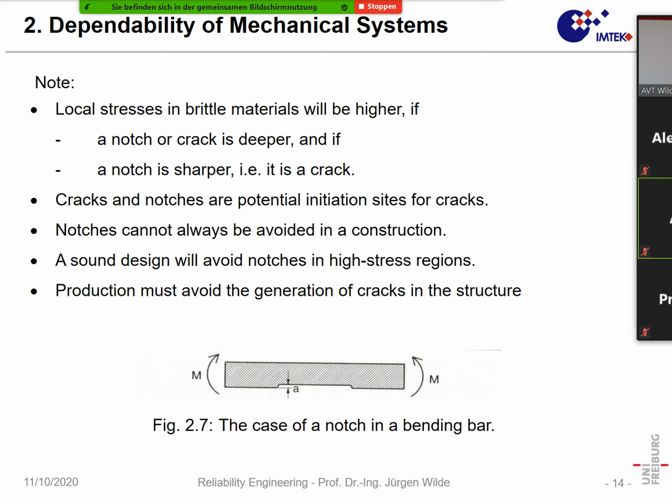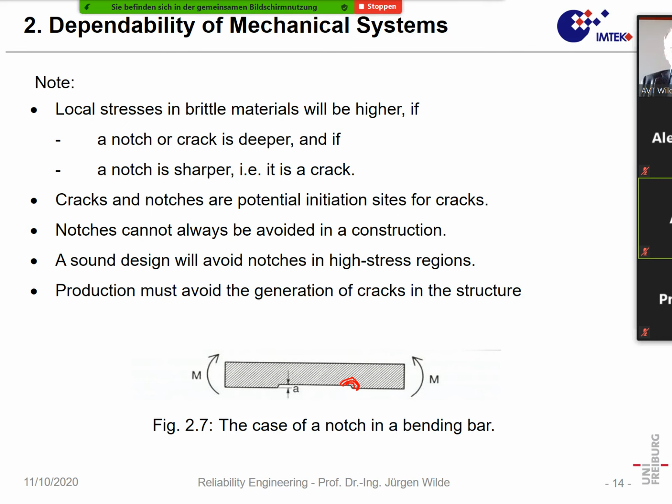Okay, now next I will skip it a little. In many technical parts we have notches. Even if we have such a small transition in thickness, that acts like a notch, and that always means at all such edge-like structures we will always have a stress concentration.